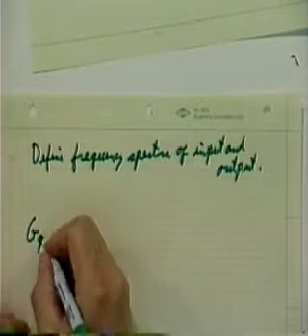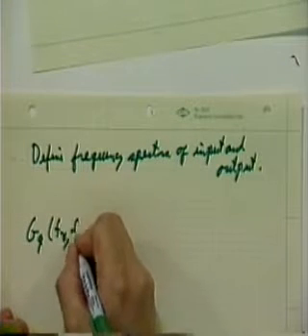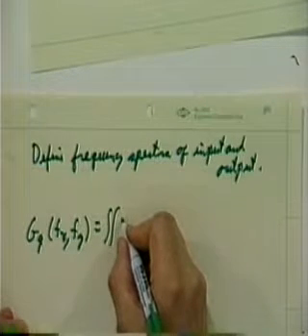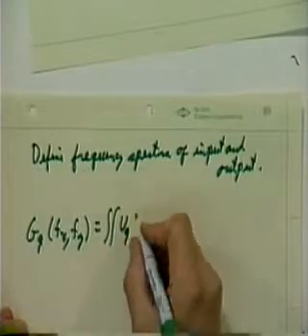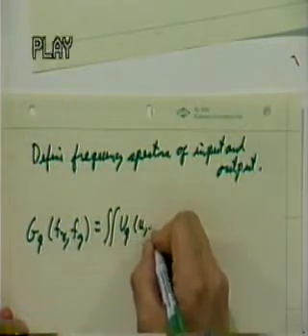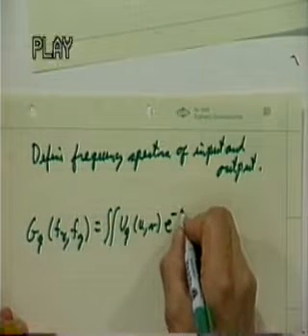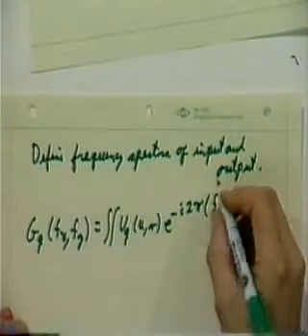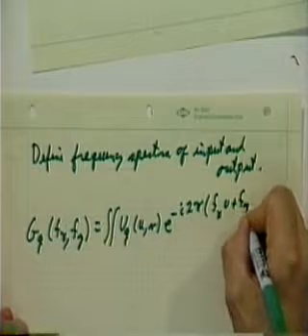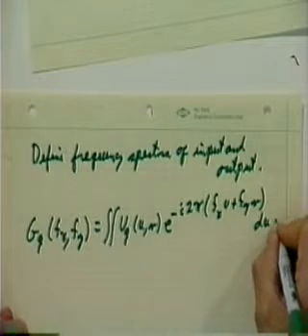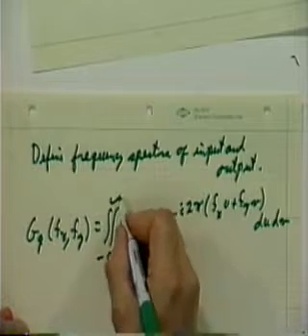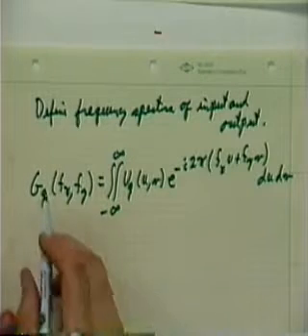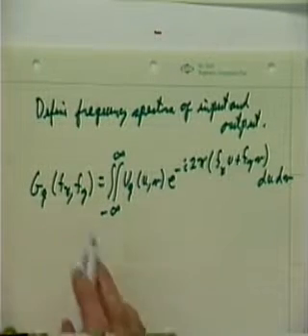So G sub g, call it, of f sub x, f sub y, take a Fourier transform of u sub g, our geometrical image, e to minus i 2 pi, f sub x u plus f sub y v, du, dv. Okay, so we have the Fourier transform of the perfect geometrical image. And that gives us the spectra of the perfect geometrical image.